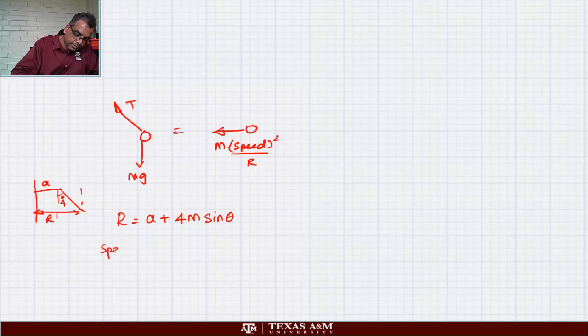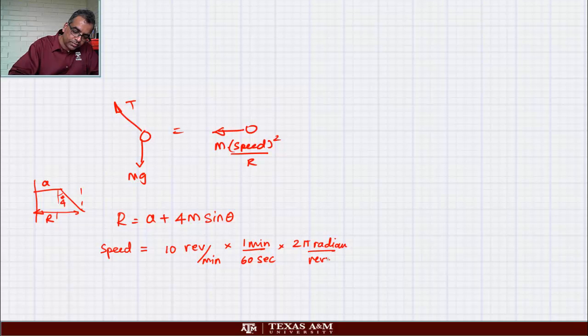Speed equals 10 revolutions per minute times 1 minute for every 60 seconds times 2 pi radians per revolution, right?